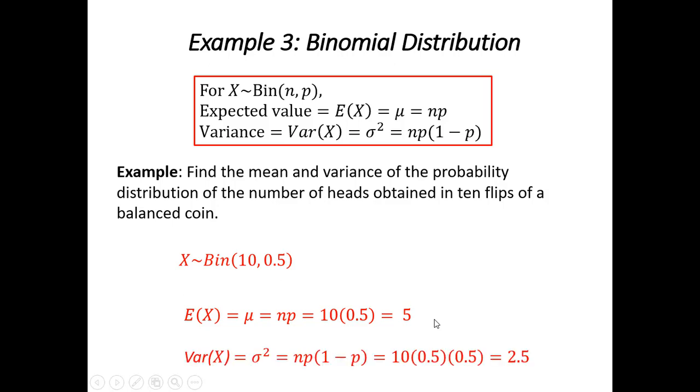And our variance is n times p times 1 minus p. So we get 10 times 0.5 times 0.5 again. We get 2.5. So we have these nice, easy formulas for the binomial distribution. And these are worth really memorizing because they will come up later on in the course, really repeatedly through the course.